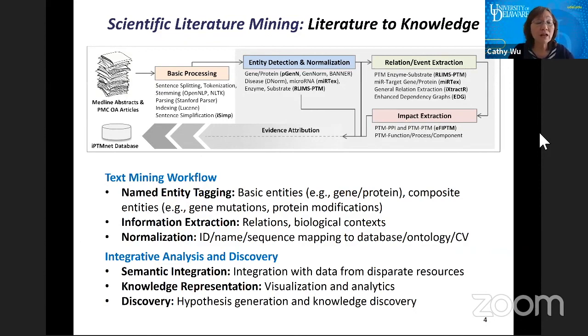We have developed a text mining workflow that allows us to mine the abstracts and full-length articles to extract entities. These are basic entities like genes and proteins, but also very importantly composite entities: which variants, what mutations on which genes, what post-translational modifications on particular proteins and particular residues.